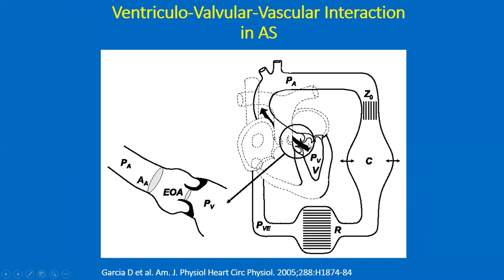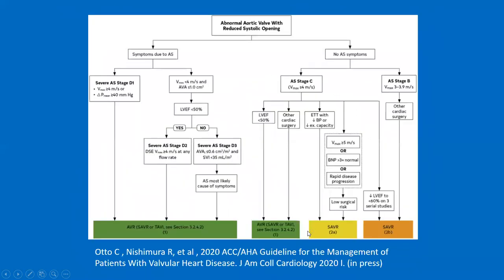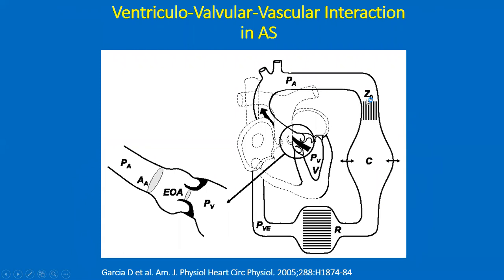So the ventricle is exposed to two loading conditions: one at the level of the valve, and the other at the level of the aorta and the vasculature. And this increase in aortic impedance, decrease in aortic compliance, increase in capillary resistance, occurs because the group of patients with aortic stenosis treated today are adults, the elderly, who have comorbidities, and atherosclerosis contributes to changes in the properties of the vascular tree.